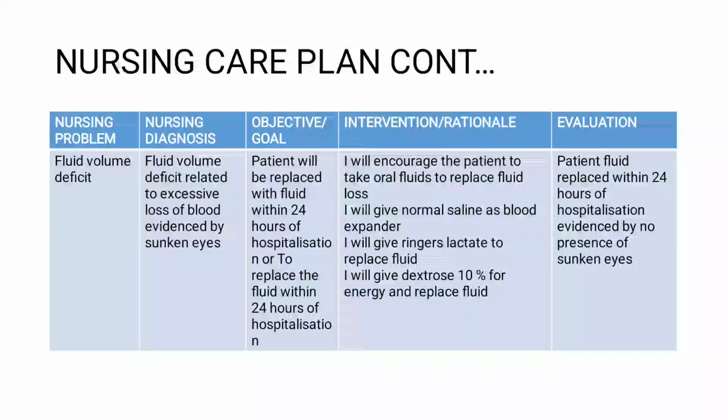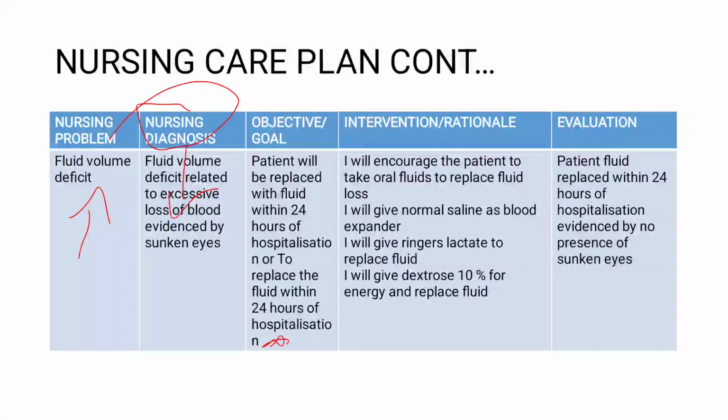Then in terms of the other nursing problem that we can see is fluid volume deficit. So with fluid volume deficit, in terms of the nursing diagnosis, this is related to excessive loss of blood evidenced by sunken eyes and poor skin turgor as well.